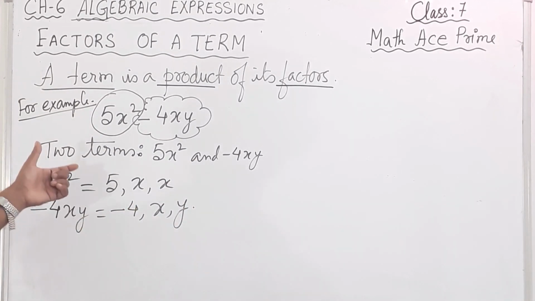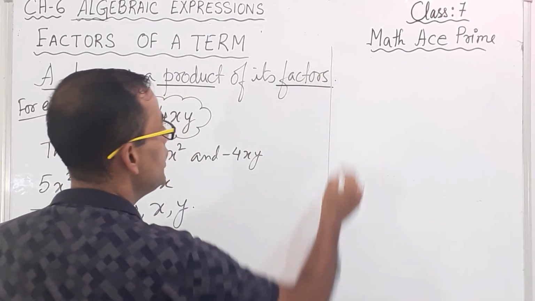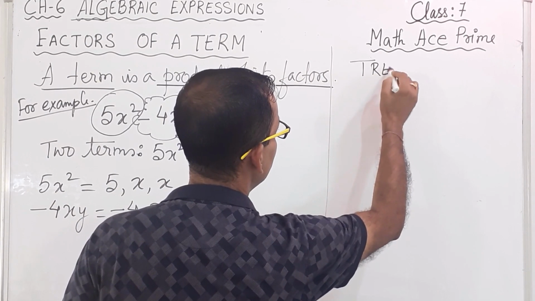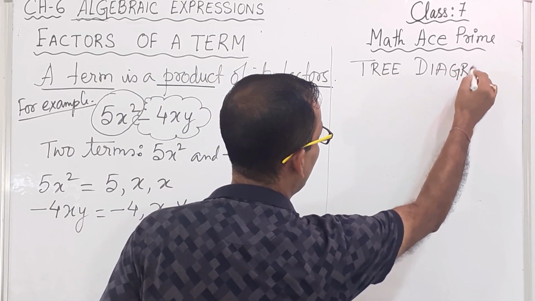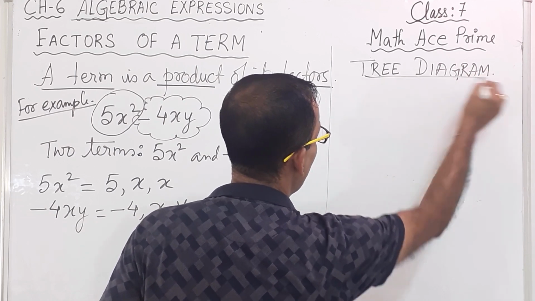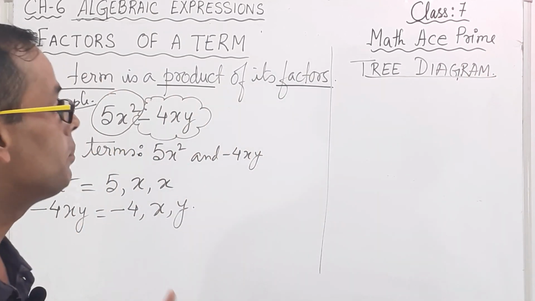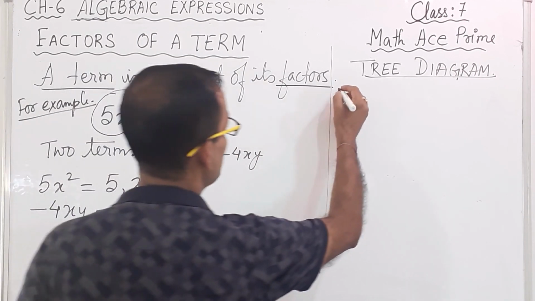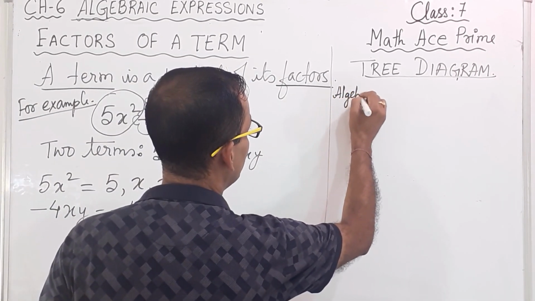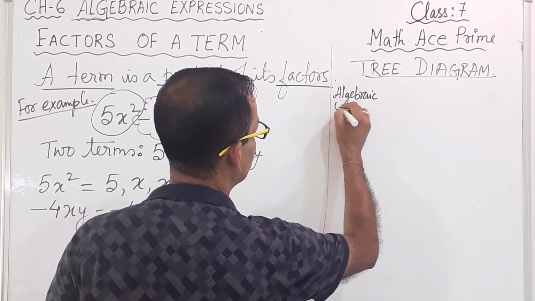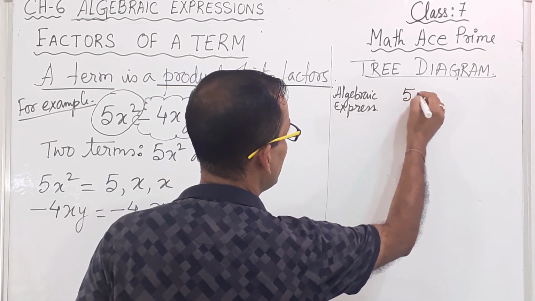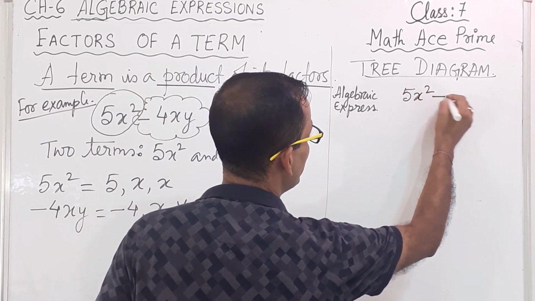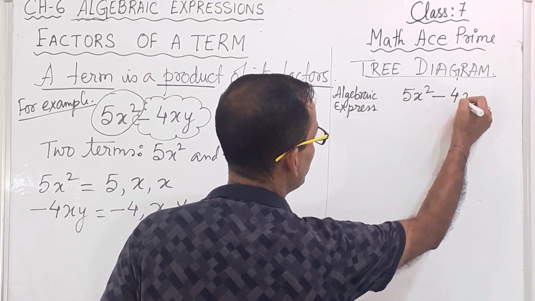Now these things can be expressed with the help of a tree diagram. So we will understand how it is expressed with the help of a tree diagram. Suppose this is the algebraic expression, 5x square minus 4xy.